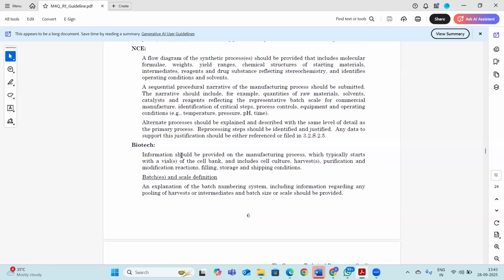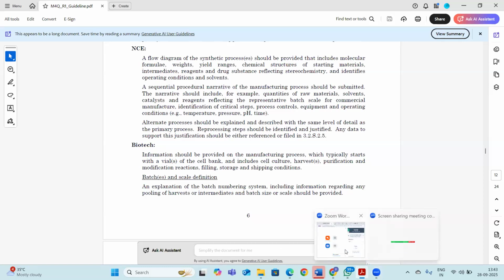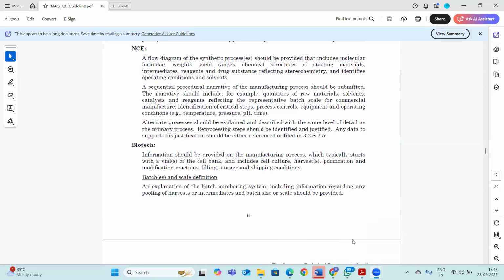Then for biotech, information should be provided on the manufacturing processes, which typically starts with a vial of the cell bank and includes cell culture, harvest, purifications, modification, reaction, filing, storage, shipping conditions.